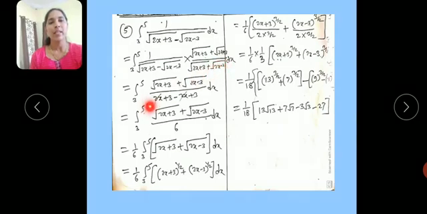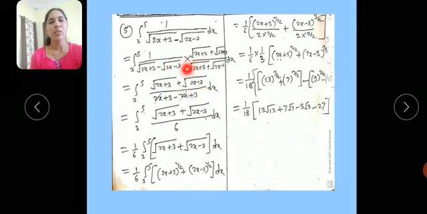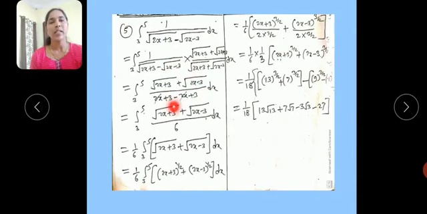We get integration of 3 to 5 square root of 2x plus 3 plus square root of 2x minus 3 divided by, here multiply these two terms, we get 2x plus 3 minus 2x plus 3 dx. Here integration of 3 to 5 square root of 2x plus 3 plus square root of 2x minus 3 divided by 6 dx.